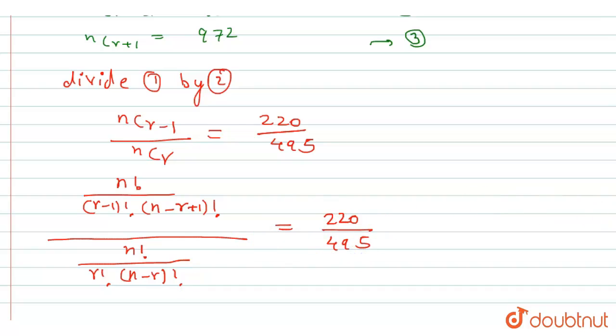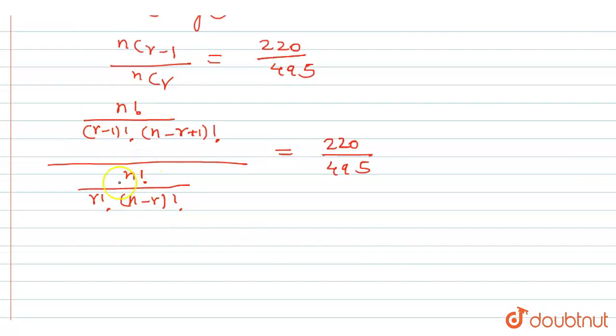Now n factorial is cancelled by n factorial, and r factorial can be written as (r-1) factorial into r.